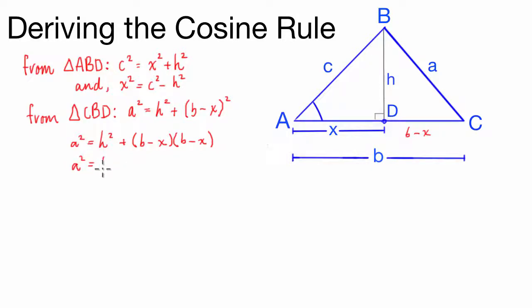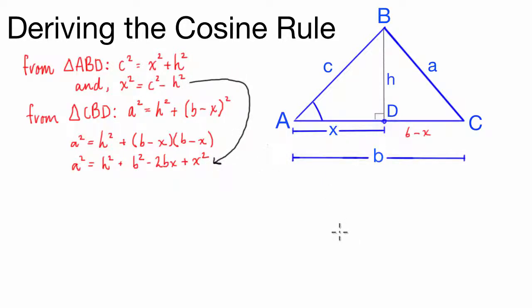So we've got A squared equals H squared plus B squared minus 2BX minus X squared, plus X squared. And now what we can do is substitute. We've got X squared here, so we can substitute this in for X squared.